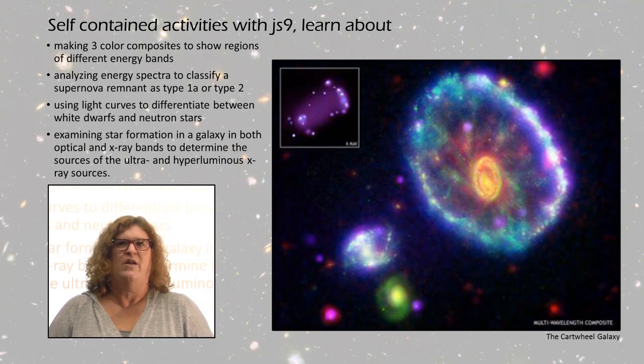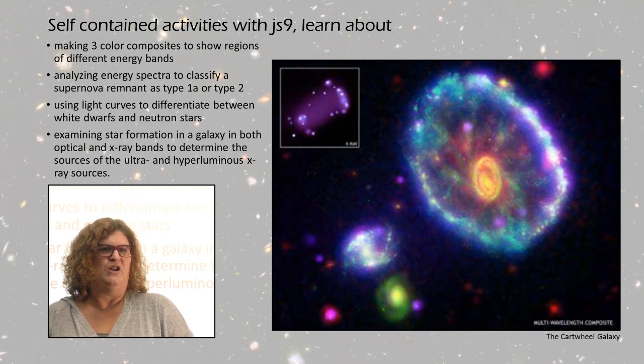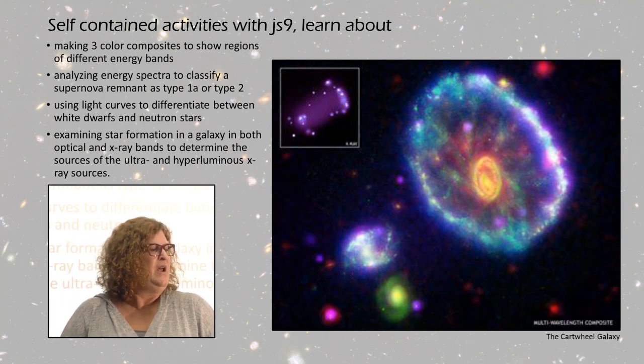And we have one that uses light curves and figuring out the period of light that varies in brightness to determine if an object might be a white dwarf or a neutron star. And then also one where you're looking at X-ray data and optical data side by side to try to figure out what might be the source of ultra and hyperluminous X-ray sources.